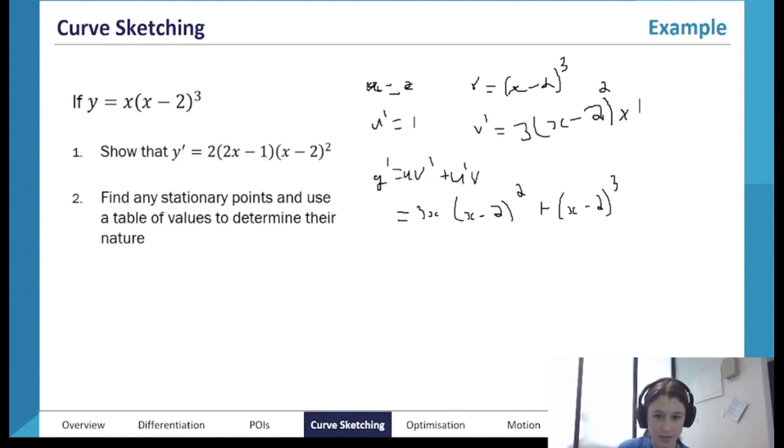Now we need to prove that this is equal to what we have over here. So what we have over here is a factored version of this. So a tip for when you are doing a proof question, if you need to show a result, usually you just need to look at what you need to prove and then look at what you have currently and match the elements.